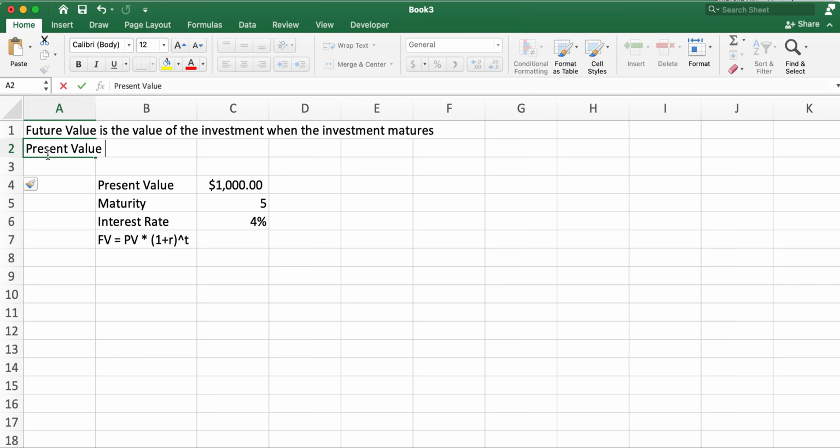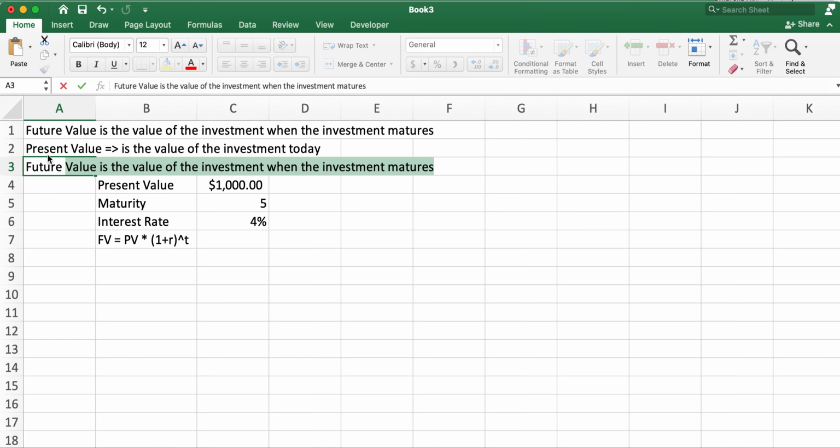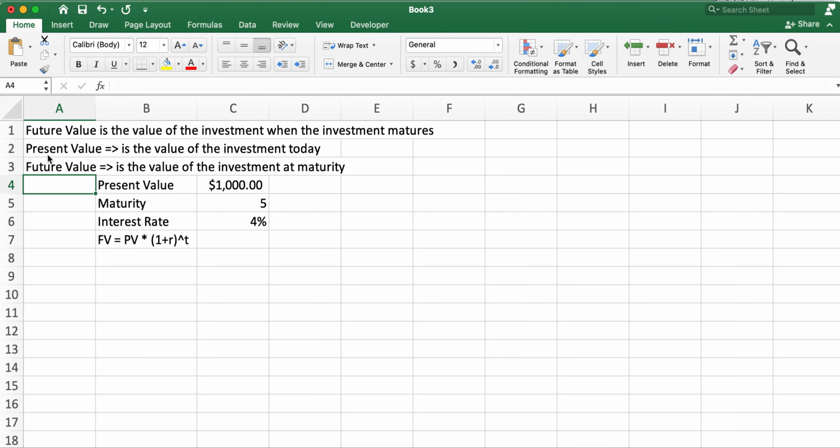Present value is the value of the investment today, and our future value is the value of the investment at maturity. If you were to ever get into trading derivatives, you'll think in terms of present value, which is today, or the spot, versus the future value, which is the value at maturity.